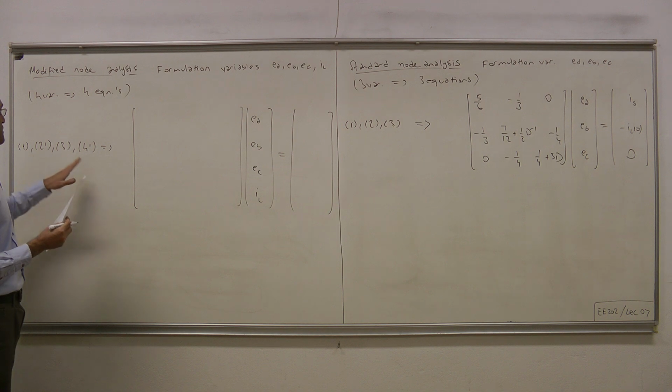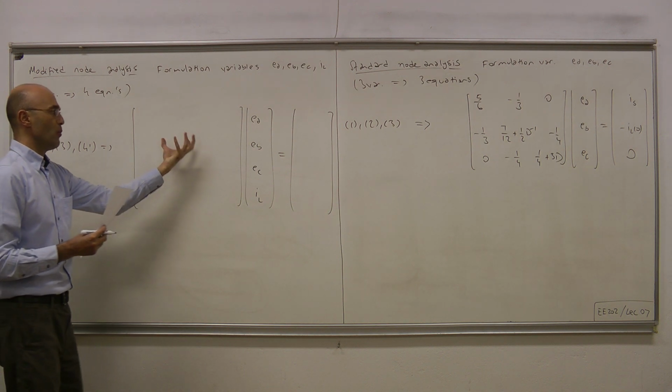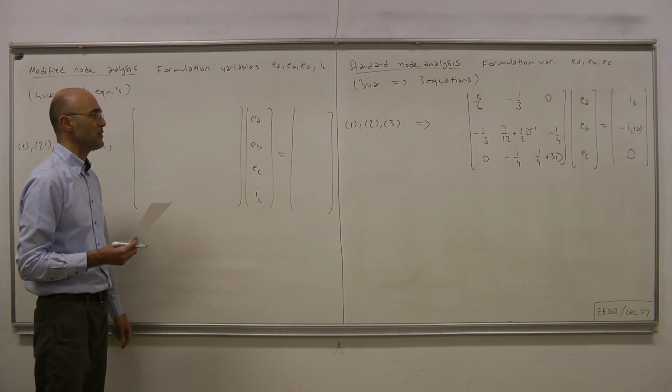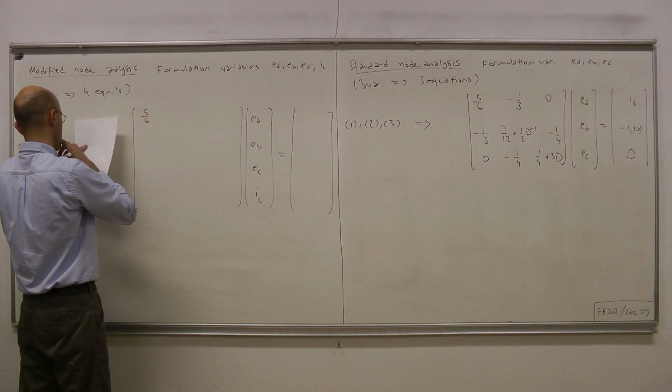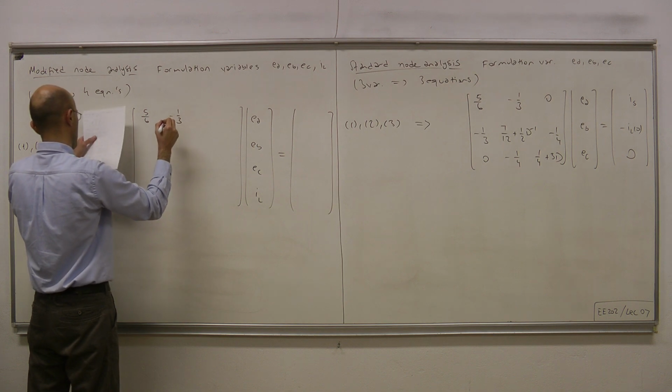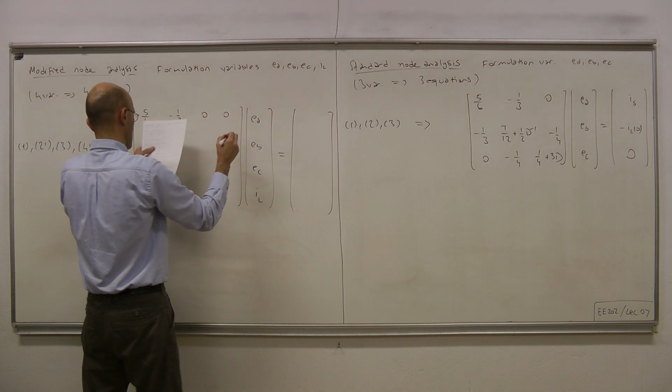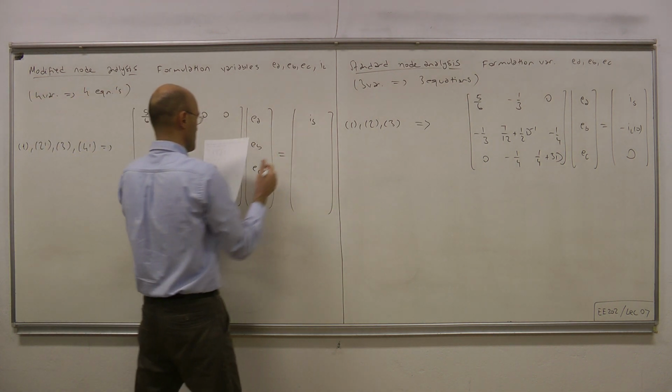Okay. From these equations, we easily obtain the entries of this 4x4 matrix, and also the right hand side. Let me quickly fill it in. 5/6, minus 1/3, 0, 0, IS.